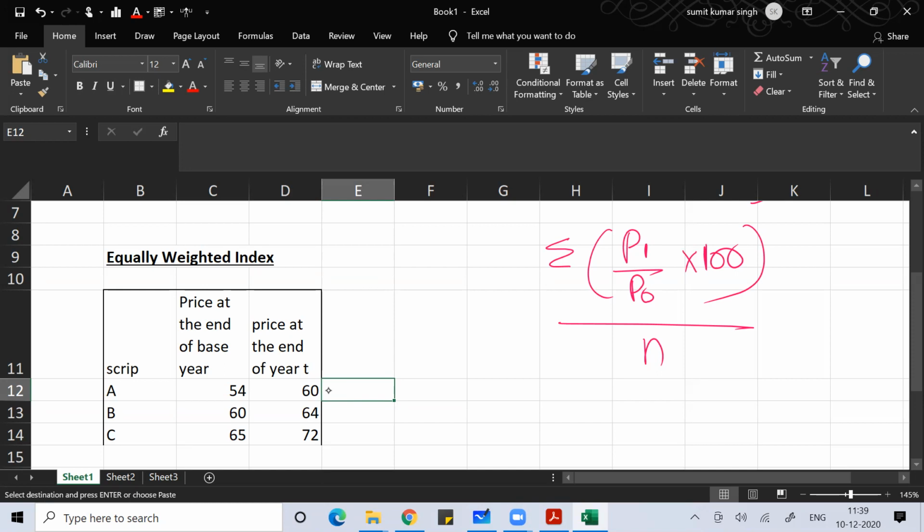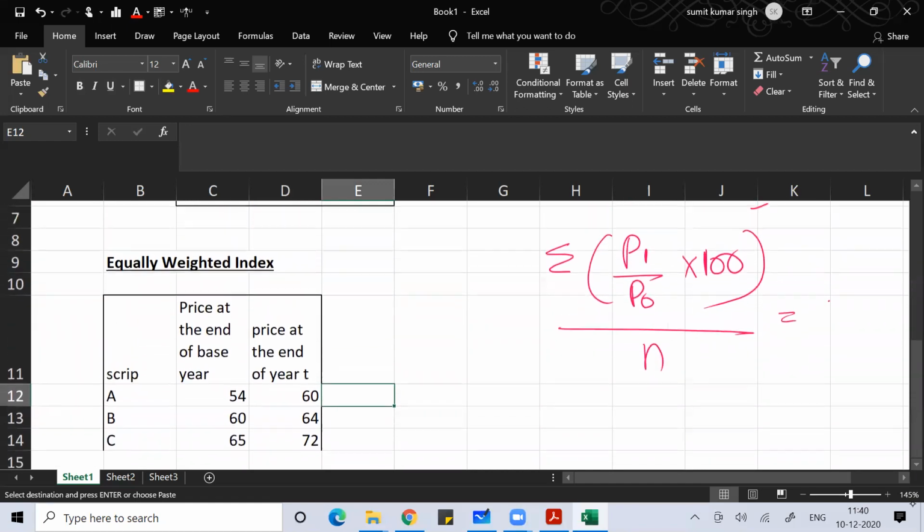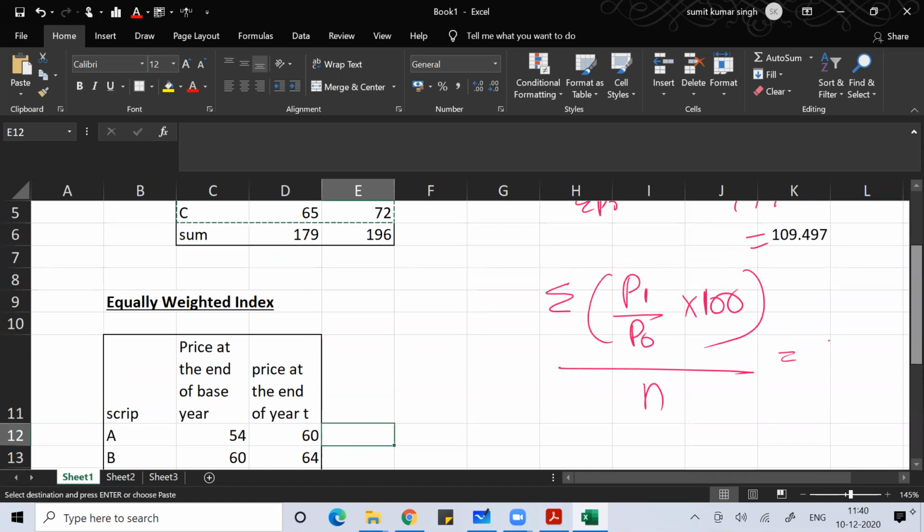So equally weighted index, this we have to study here. Many books write this as sum of P by N, where P is equal to P1 by P naught into 100.